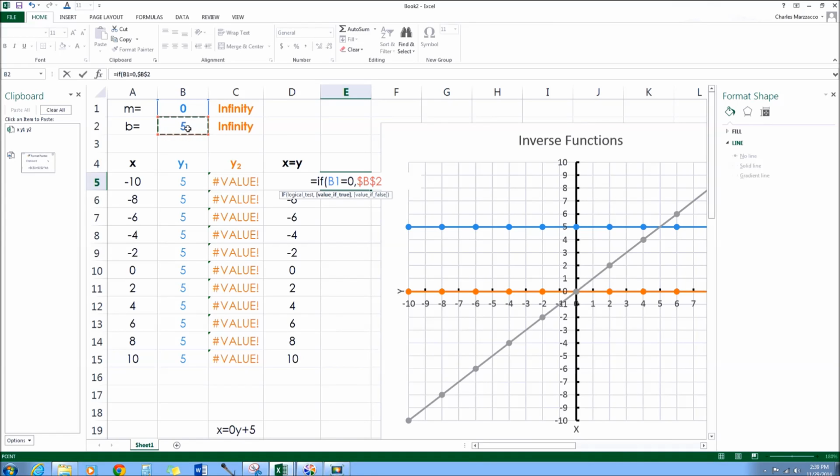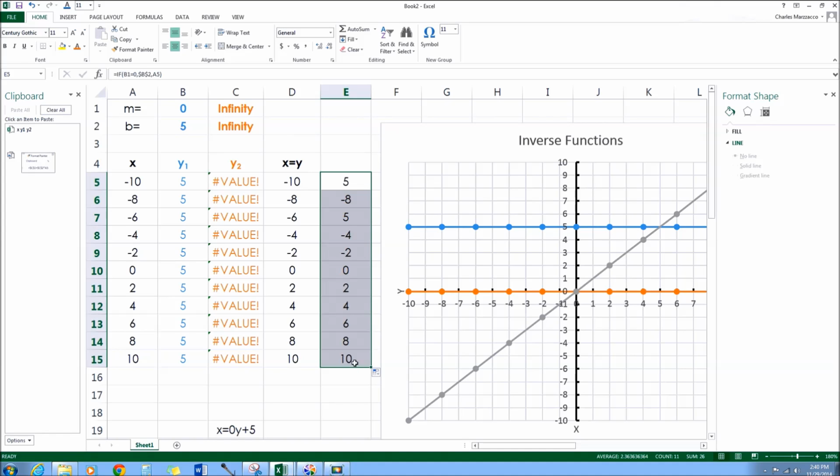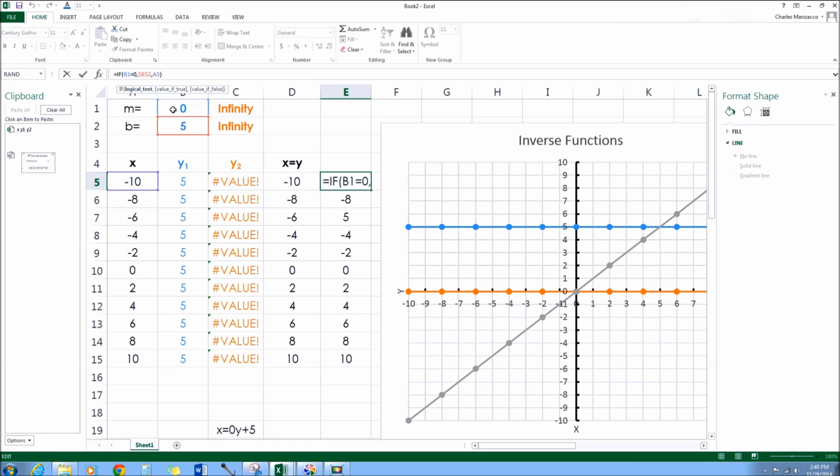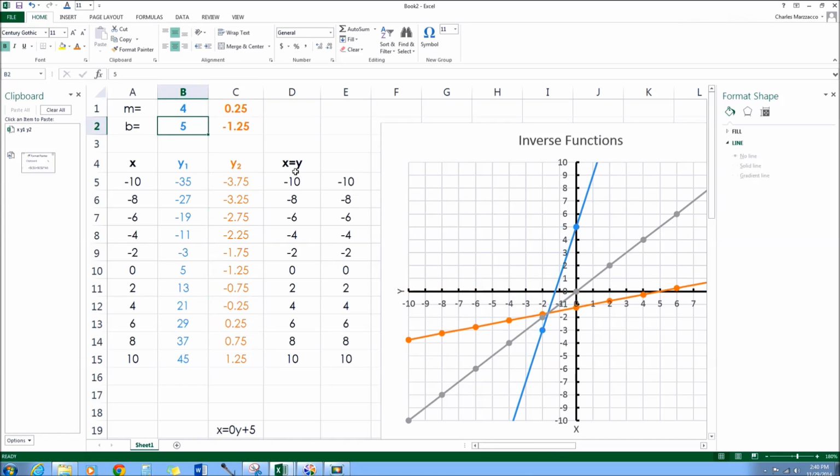Or if not, then this, no $. Enter. No, wait, copy. Oh, we never put a $. Yeah, that's right. Okay, so now let's try it with 4.